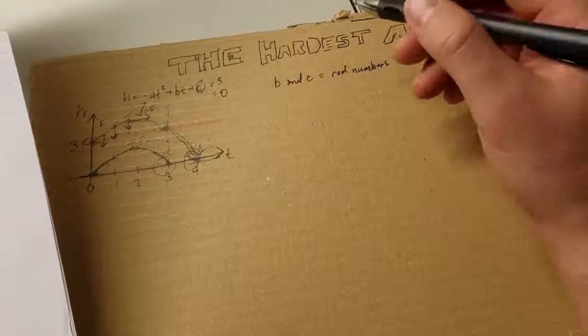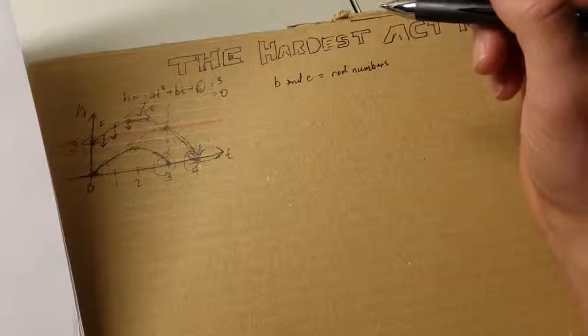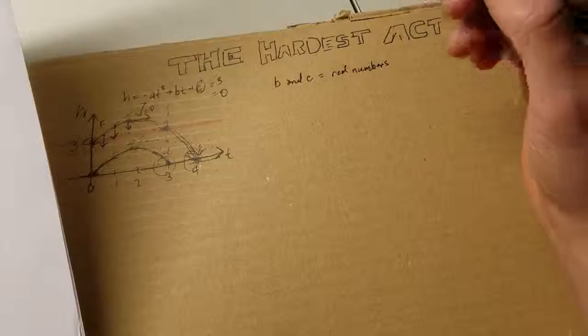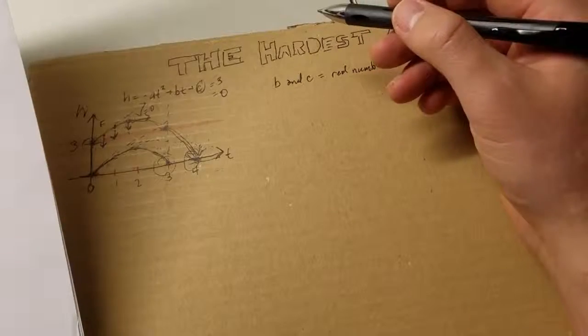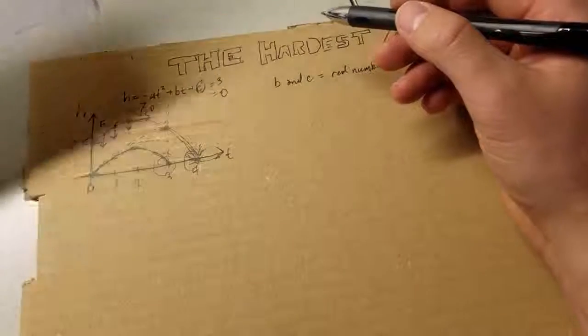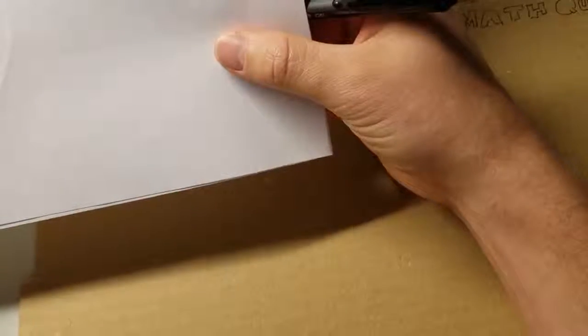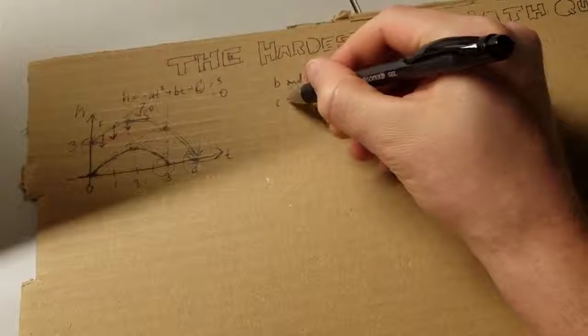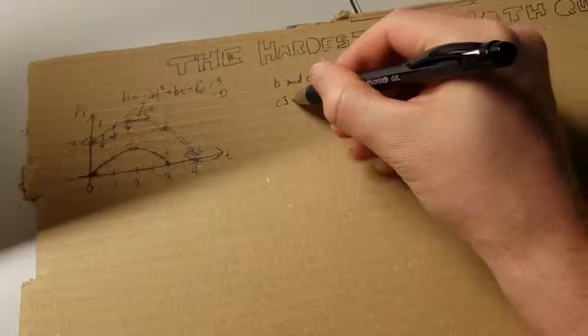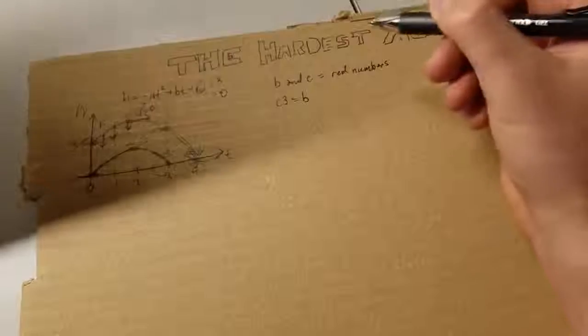I might be wrong about the rest of that, but we know they're not imaginary, and we have a product. The product of c and 3 is b. So we have c times 3, and that equals b.